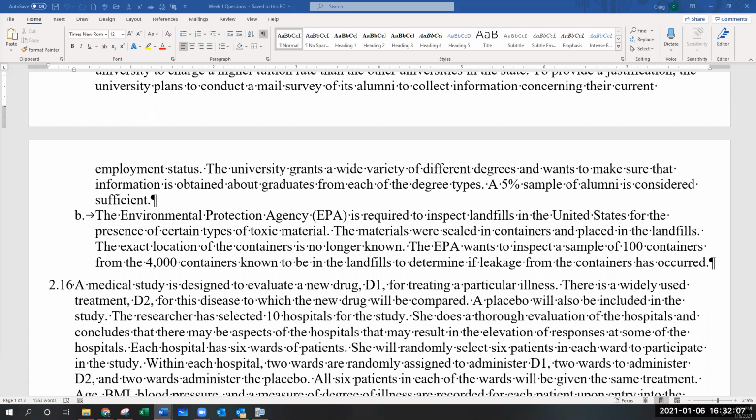You just have to randomly pick a landfill, randomly pick a location, and start digging until you find a container. And repeat that process over and over again until you have found 100 containers.